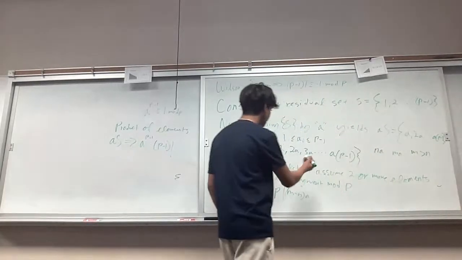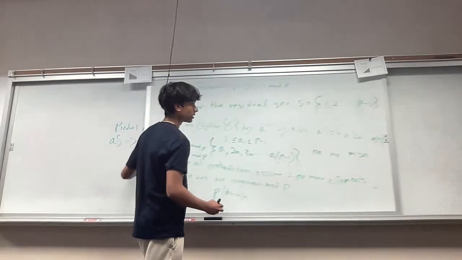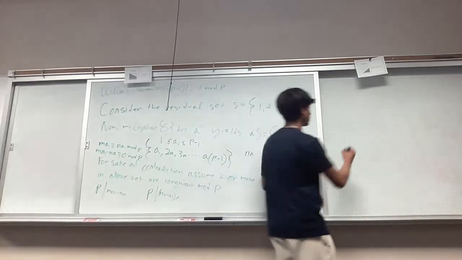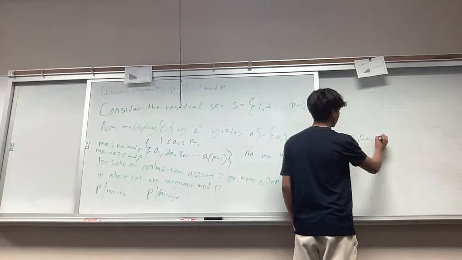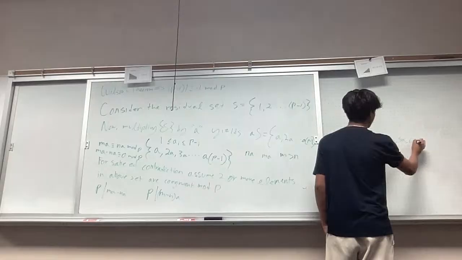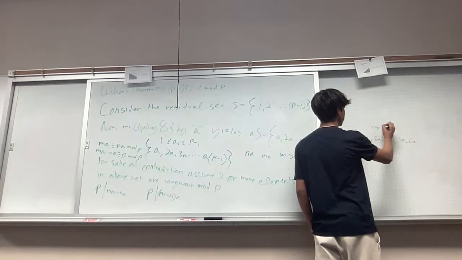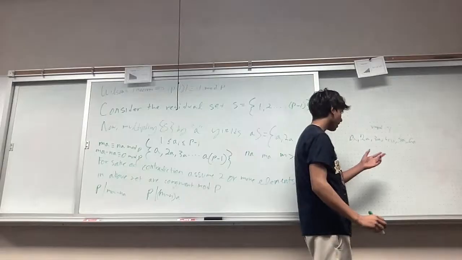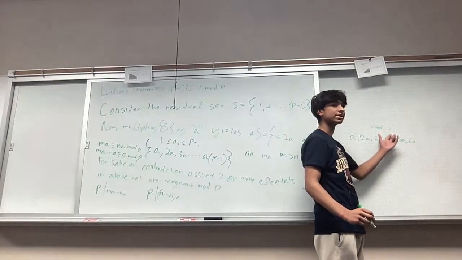Right? Let's say there are 6 numbers. Let's say the set has A, 2A, 3A, 4A, 5A, and 6A. And that means this is mod 7. Can any coefficients, when you subtract them, be greater than 7?